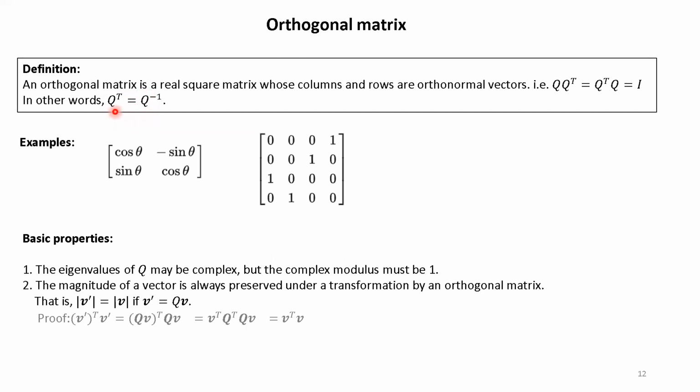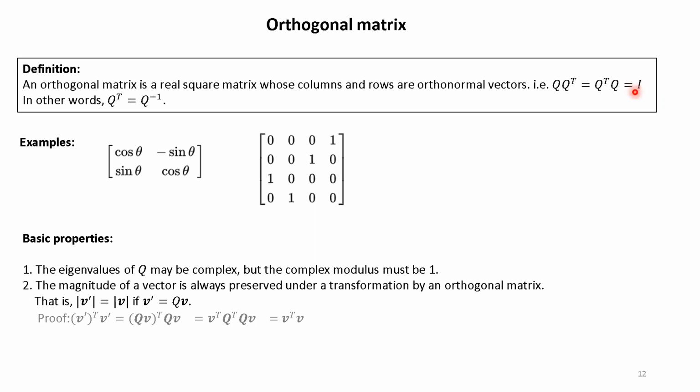For symmetric, the transpose equals itself, but here the transpose equals its inverse. The other way to say it is that Q transpose Q equals the identity matrix.